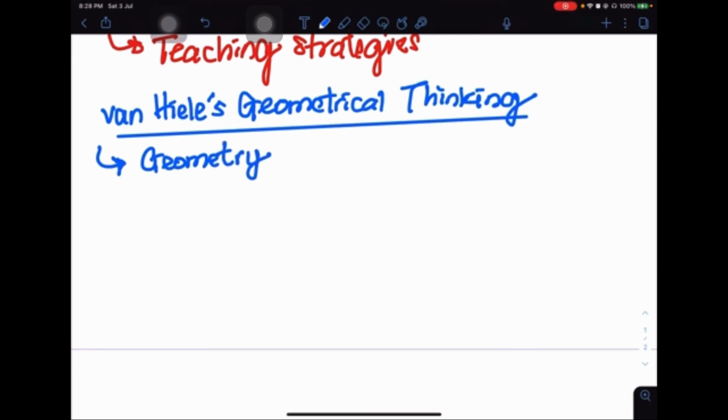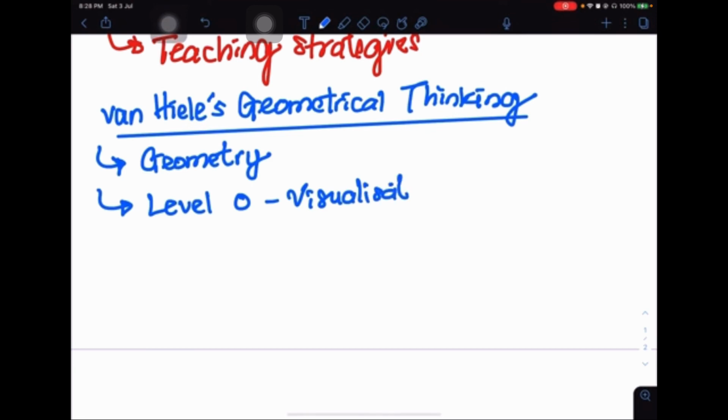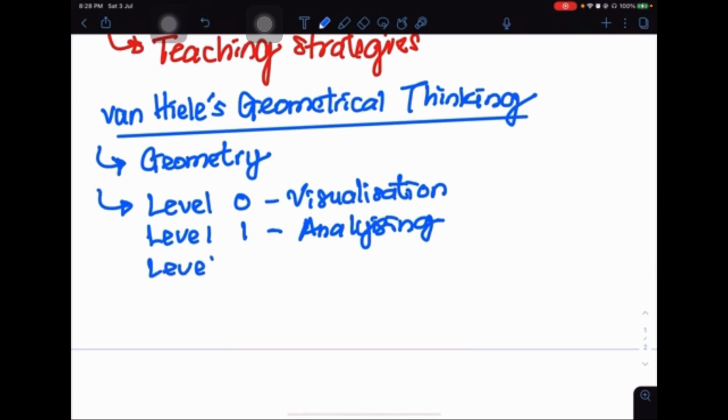So for any geometry topic, you can use Van Hiele's geometrical thinking. It starts with level 0, which is visualization. Then level 1, which is analyzing. And then level 2, which is informal deduction.